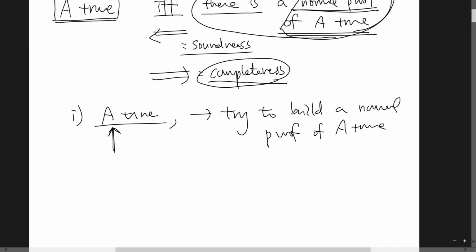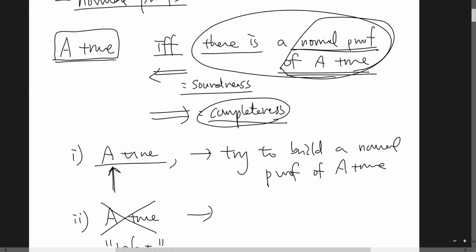And the other implication is, now you'd like to show that A true is never the case. So in other words, you'd like to refute A true instead of proving it. According to this completeness property, if this is not the case, then there should not be a normal proof either, because this is if and only if.